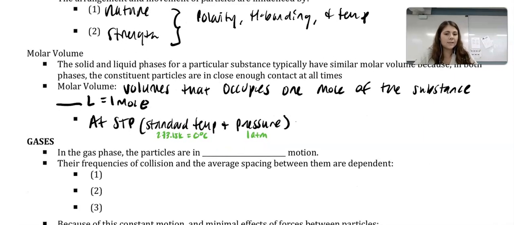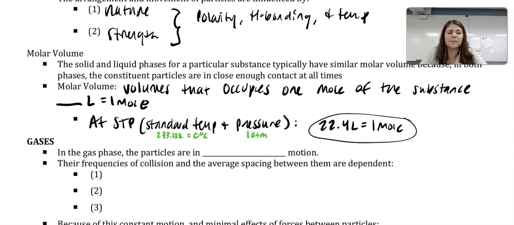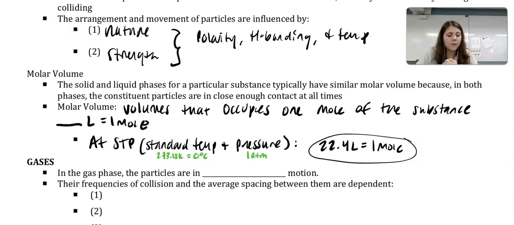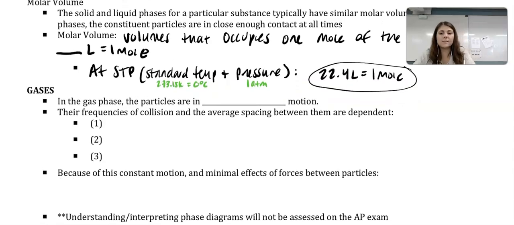So at STP, it is a true statement that there's 22.4 liters per 1 mole, and that's based off our ideal gas law, and we'll talk more about that in the next couple of objectives. But overall, using that as a conversion factor will help us understand that liquid and how it behaves, okay?